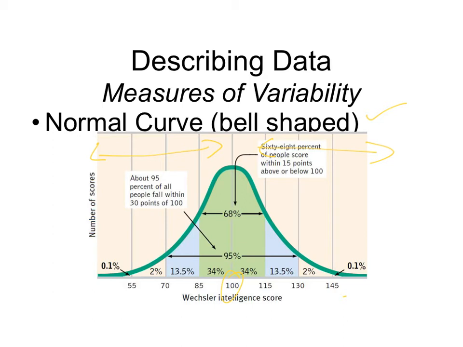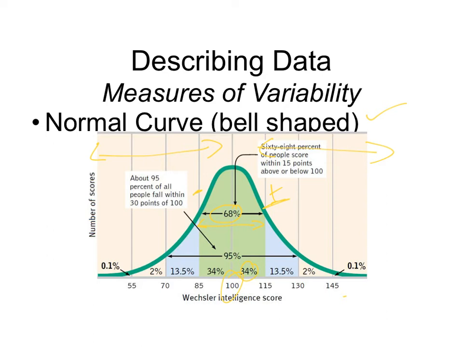Now, what you are going to have to know about the normal bell curve is that 68% of the population fall within one standard deviation of the mean. This means one positive standard deviation over here, one negative standard deviation over here. If I were to ask you how many people fall within one positive standard deviation of the mean, that number is going to be 34.